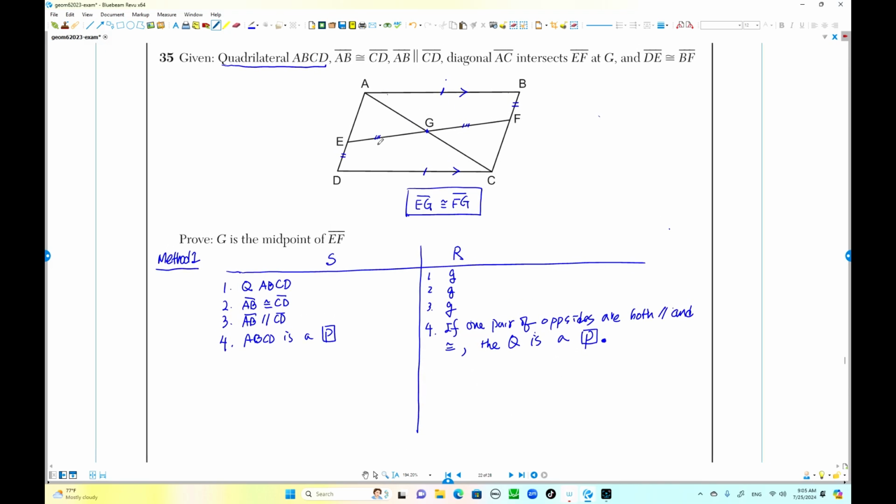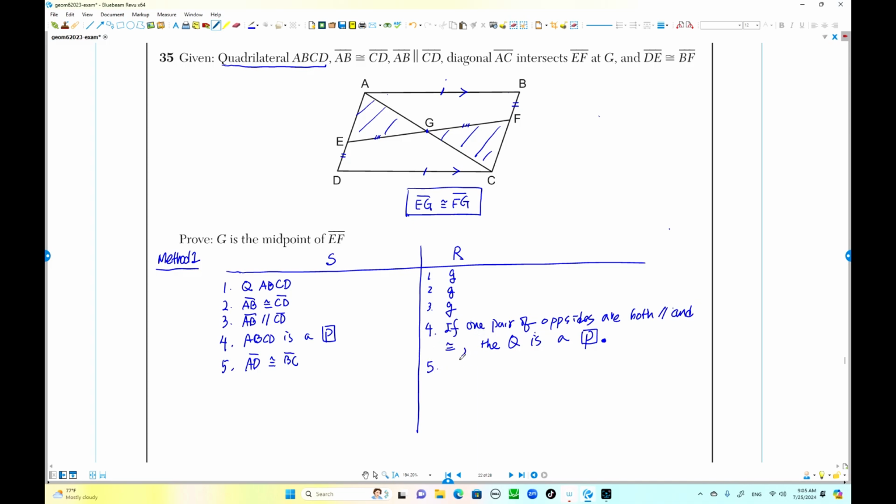Now we know that ABCD is a parallelogram. The property of a parallelogram is that opposite sides are parallel and also congruent. Now you're going to prove these two triangles are congruent. So the next one is AD congruent to BC, because that is a parallelogram.